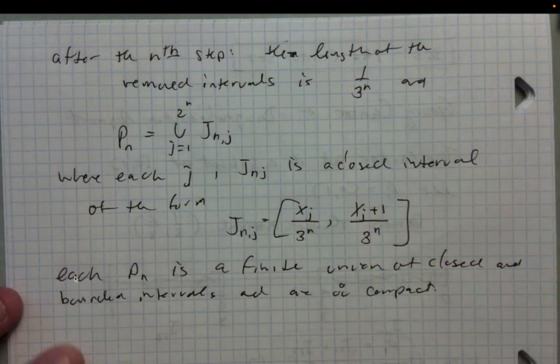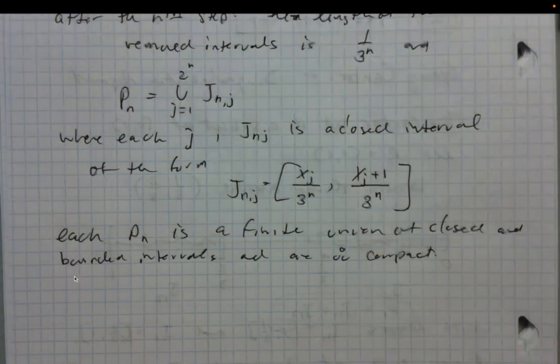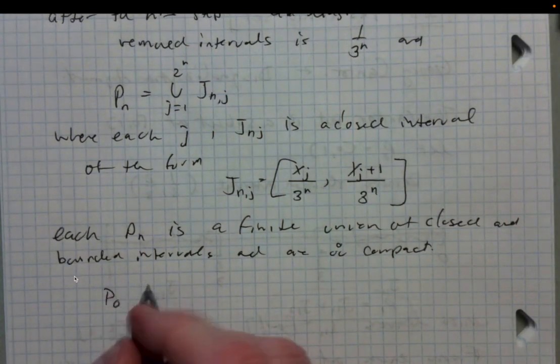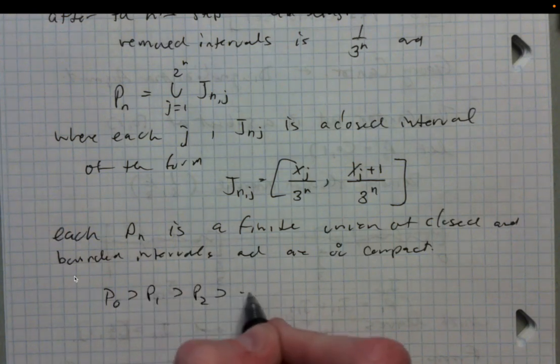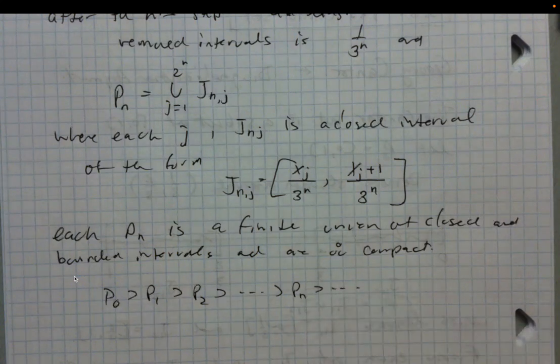We remember the theorems from last section, so we know that all of these layers that I'm creating are compact sets. The other thing to notice, and if you kind of look back at the picture, is that the first P0 contains P1, which contains P2, which contains ... contains Pn, okay, and so on forever by construction, right?